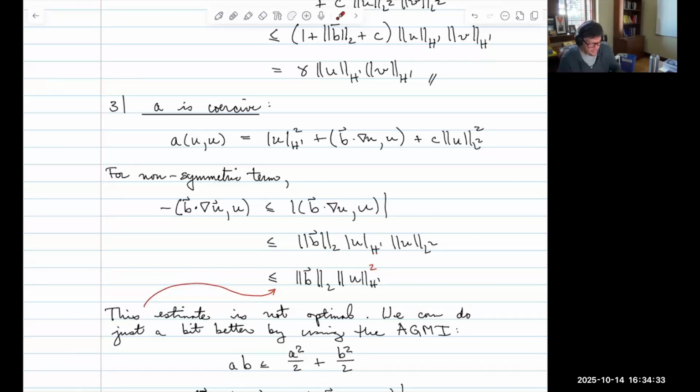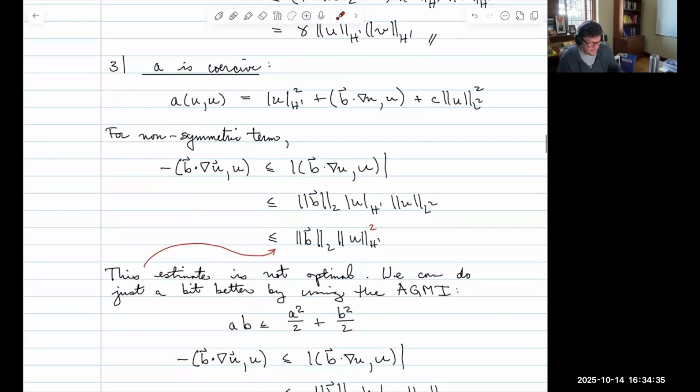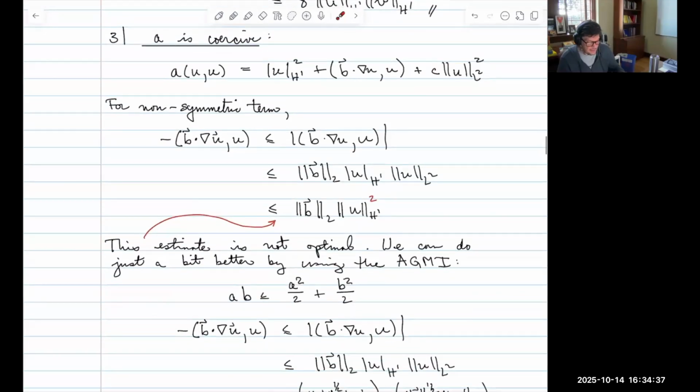This estimate, however, isn't optimal. It's a little bit lazy, and we can do better. The reason we might want to do better is that we can show that a wider range of parameter values actually yields a solvable problem if we do a little bit more work.